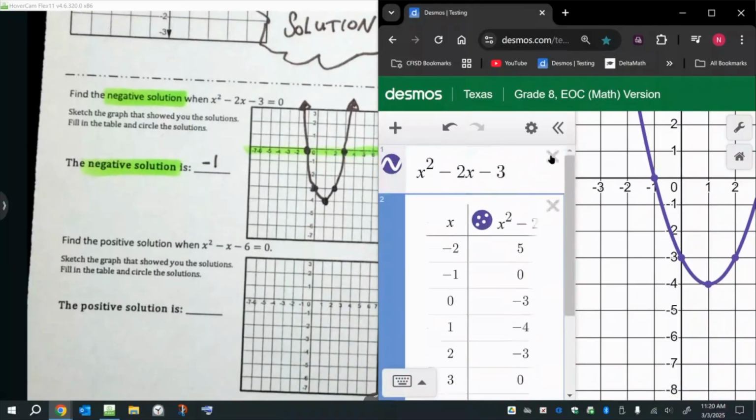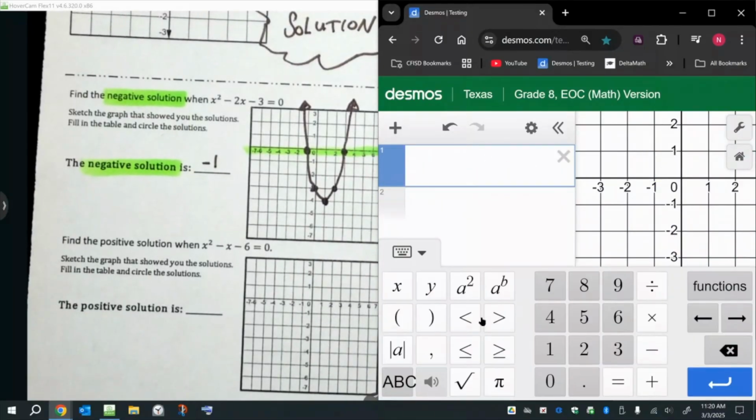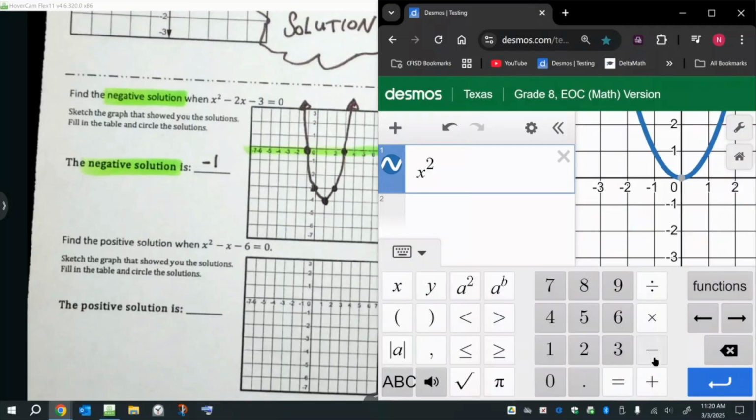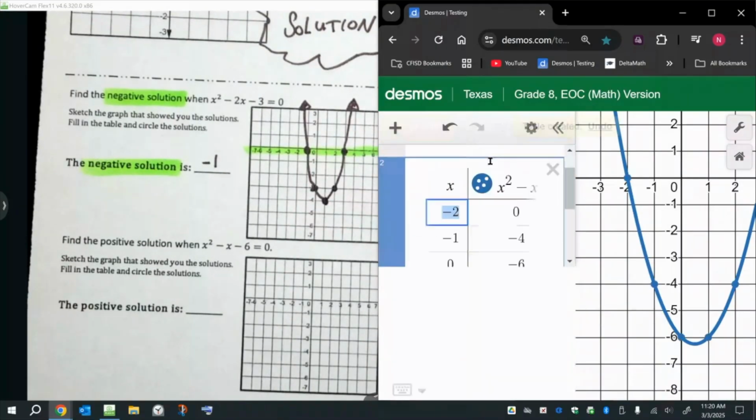Get rid of that. Type in the new problem. x squared minus x minus 6. I don't need it to say equals 0.